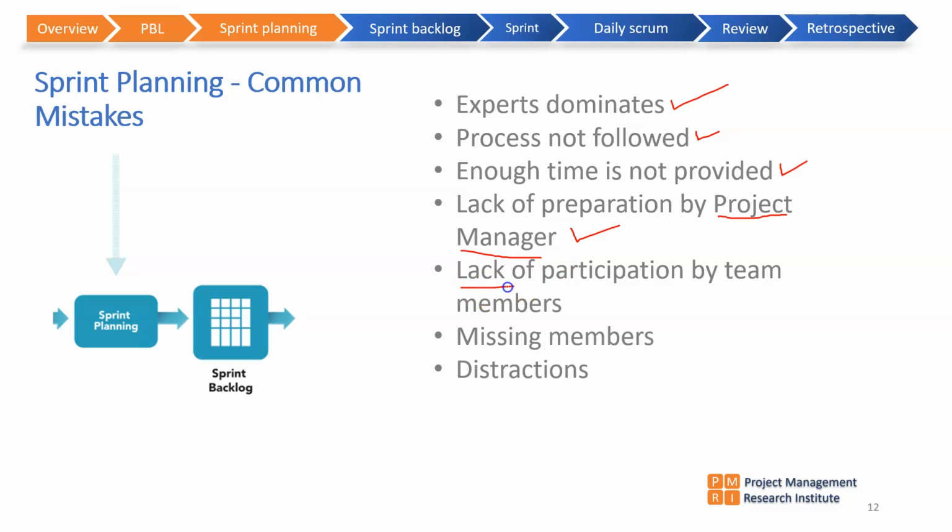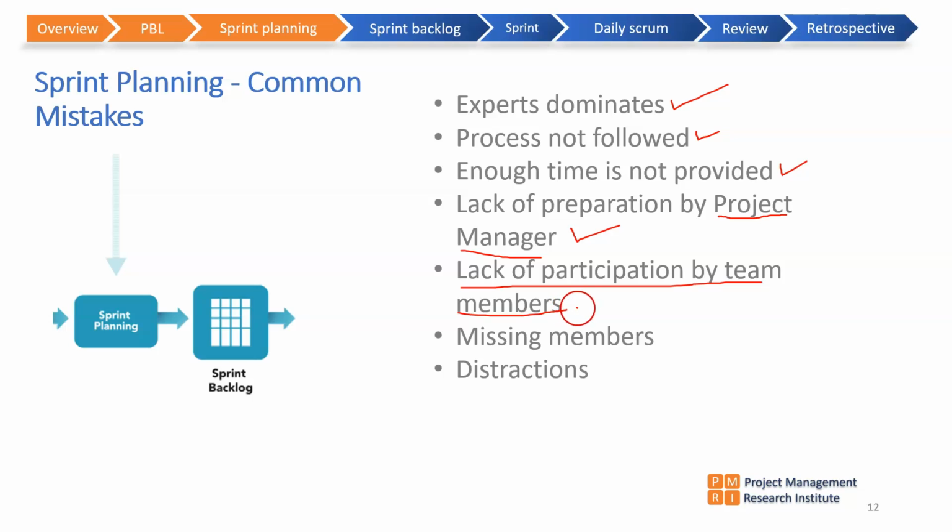Then there is lack of participation by team members. The team members also should come prepared. They can always get the probable features that will get scheduled in the next sprint from the product owner very early, then perform R&D on it, and then come back and get into the planning meeting.